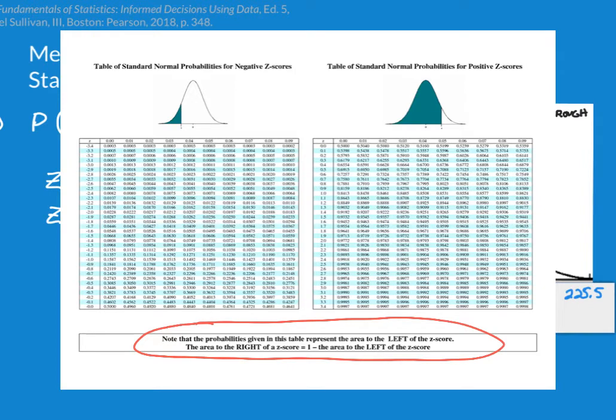The probabilities, or the areas, given in this table represent the area to the left of the z-score. So in this first drawing, the z-score in which you're interested is there, and the probabilities indicate the shaded portion. Even if the z-score is above the mean, as it is in the second half of the table, it's still giving you the area to the left of the z-score.